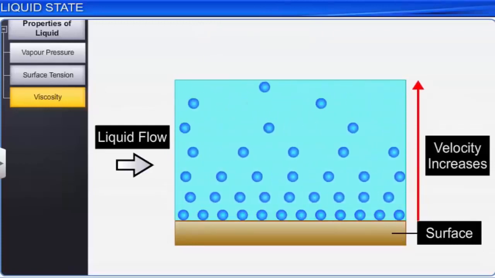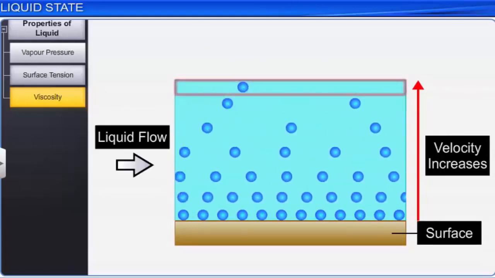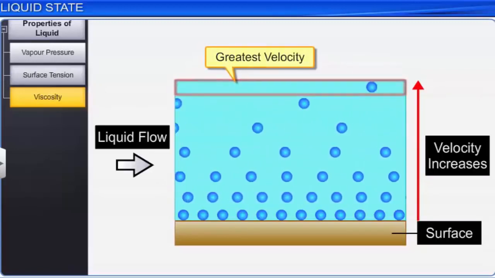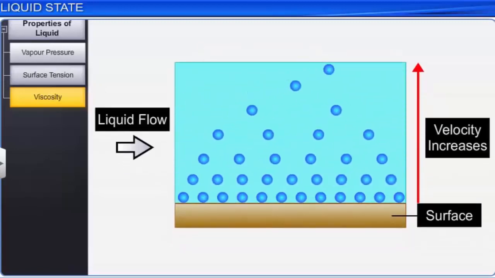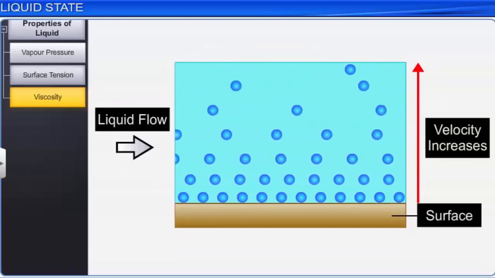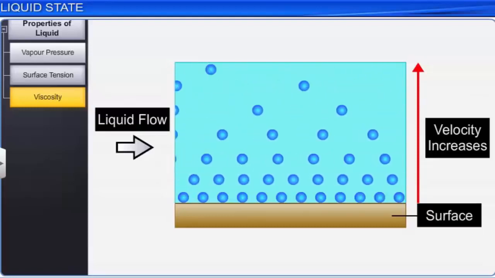This type of flow, in which there is a clear gradation of velocity from one layer to another, is called laminar flow. As shown, for any layer in a laminar flow, the layer above it accelerates its flow, whereas the layer below it retards its flow.